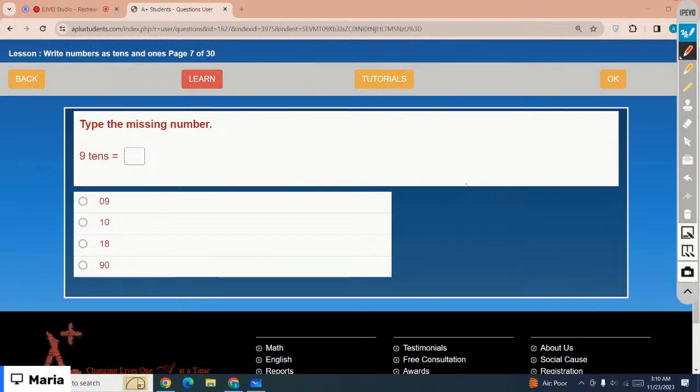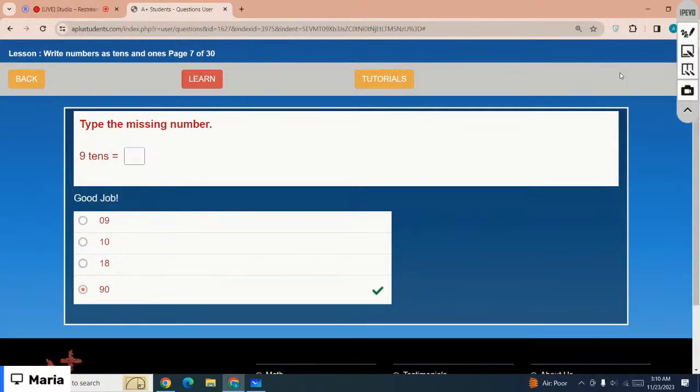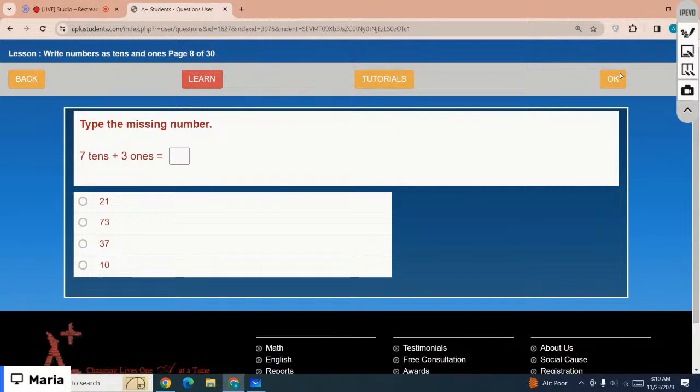Okay, the next one is 7 tens and 3 ones, which is the correct option. 7 tens and 3 ones means the digit they make is 73. Right? Option number 2 is the correct option. 73 it is.